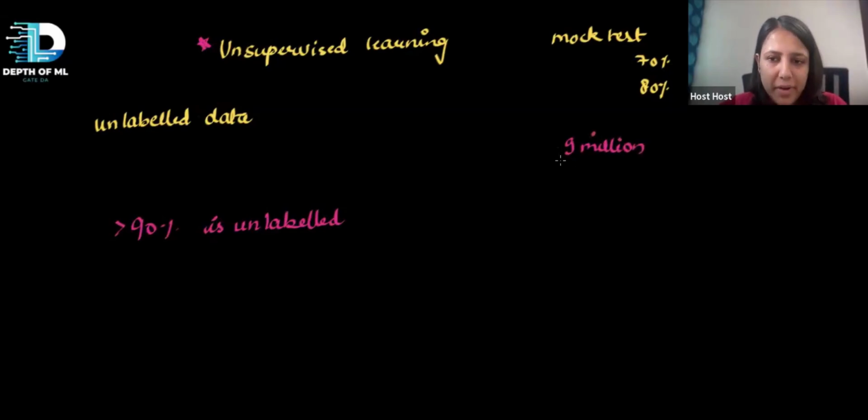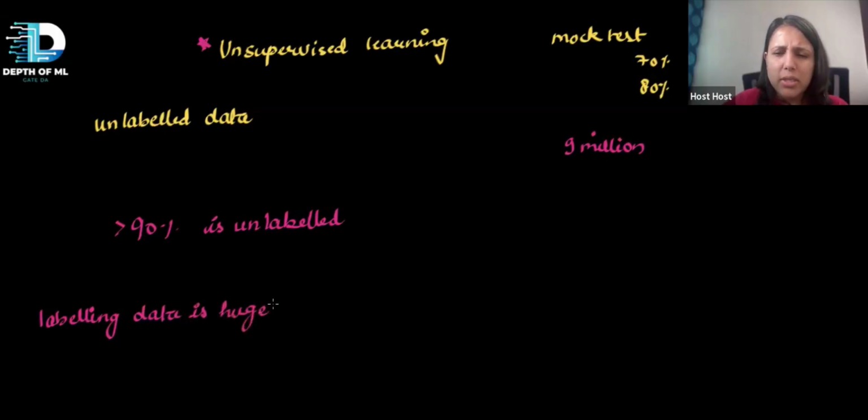And every time we wanted to train a disease model, we used to first go and label the data. That used to be a very huge effort. Labeling data is a huge and expensive effort.